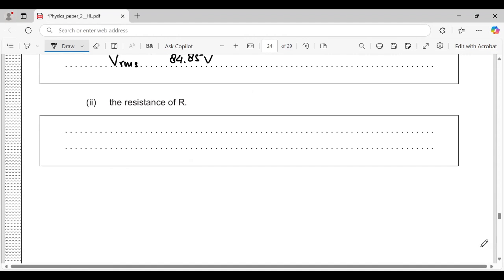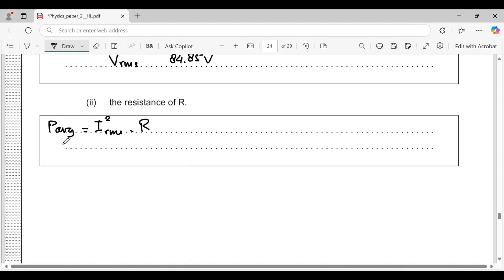Find the resistance of R. Okay, the average power dissipated in a resistor: the power average is I squared RMS times R. This is the formula.